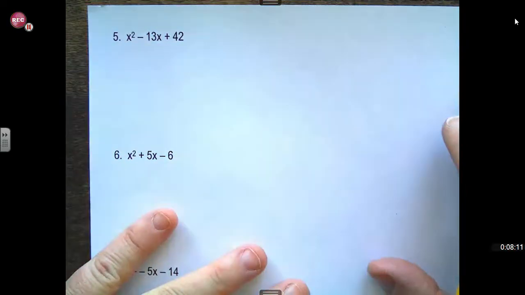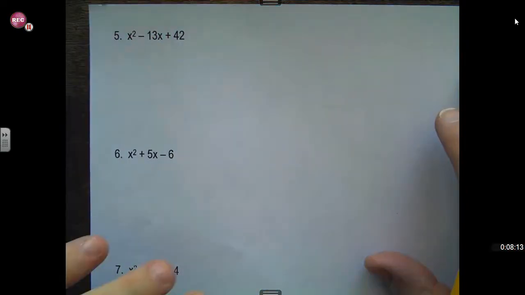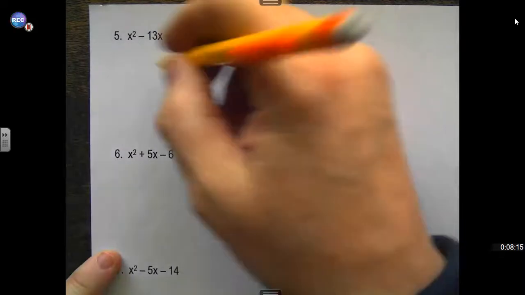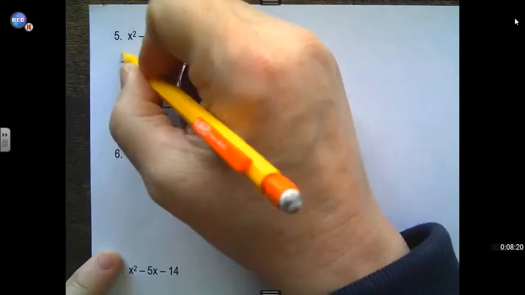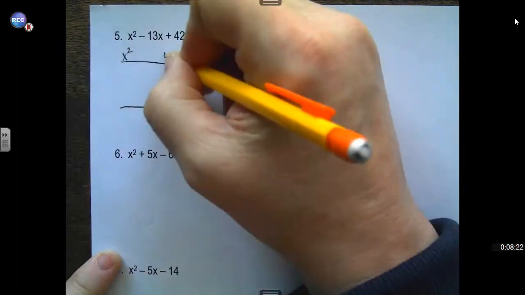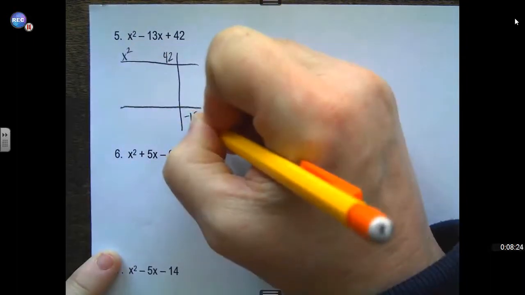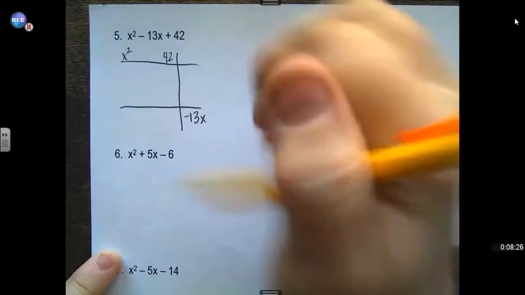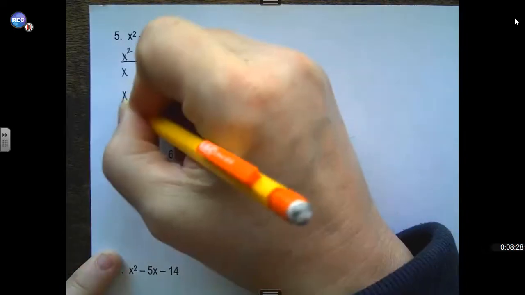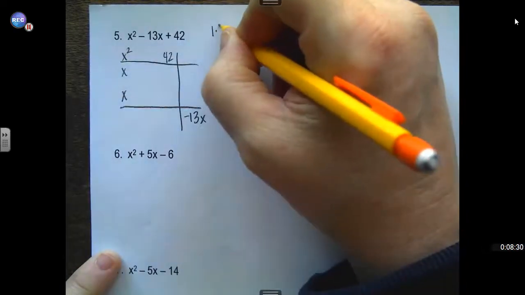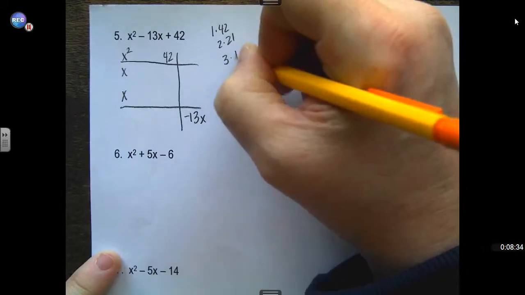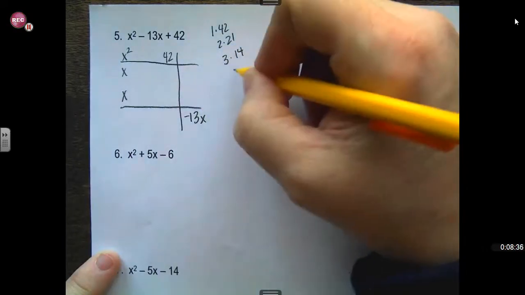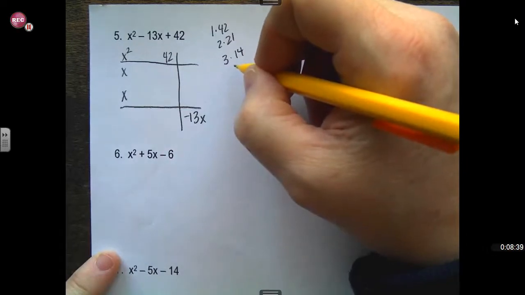So a whole bunch of examples here. X squared goes here, 42 goes here, negative 13x, our linear term. And let's see, x times x, 1 times 42, 2 times 21, 3 times 14, 4, does 4 go in?